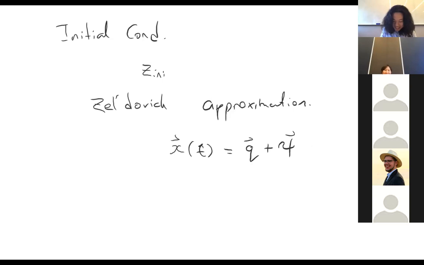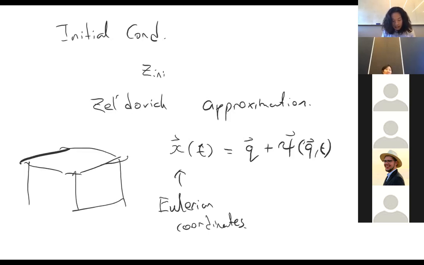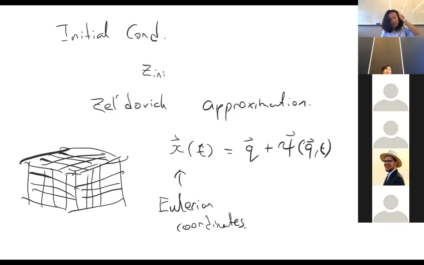So here, the x on the left-hand side, these are what we call Eulerian coordinates. Imagine you have your box, and I set up a grid in there. At every point on this grid, you can ask a question: how much energy density do I have?